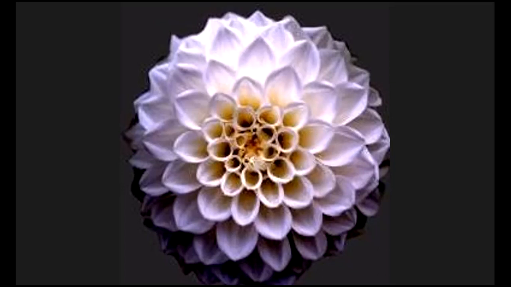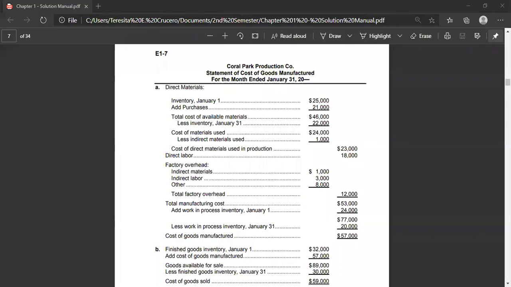Okay, let's take up one problem here. Problem 1-7 for our discussions. So just take note, I am not going to post the solution. So just take note of the answers in problem 1-7.